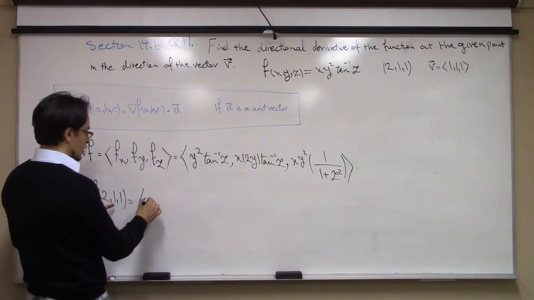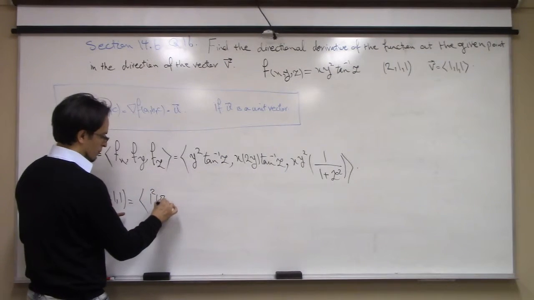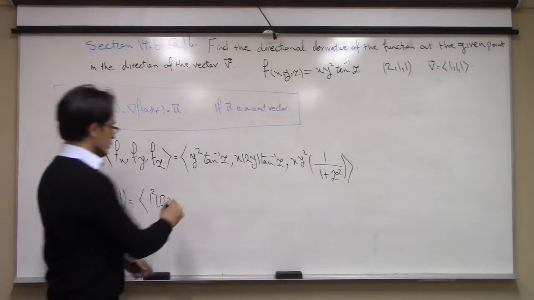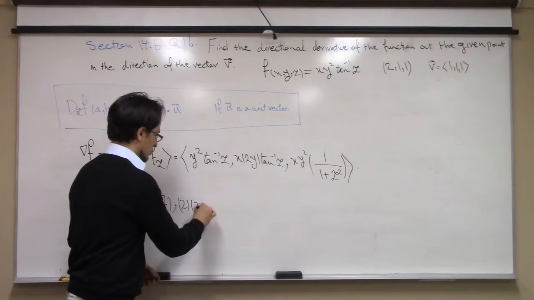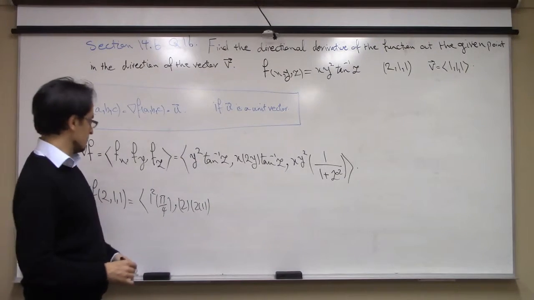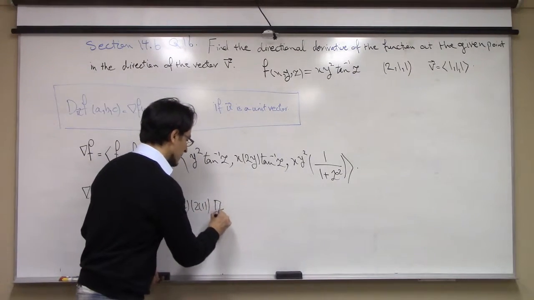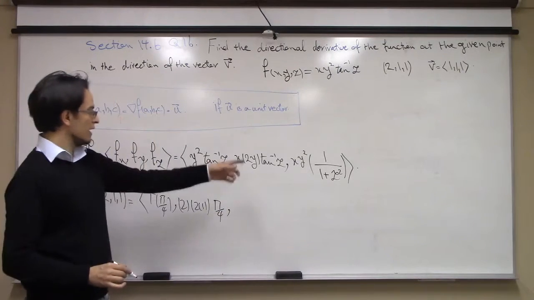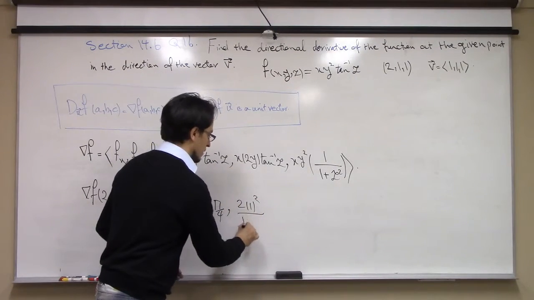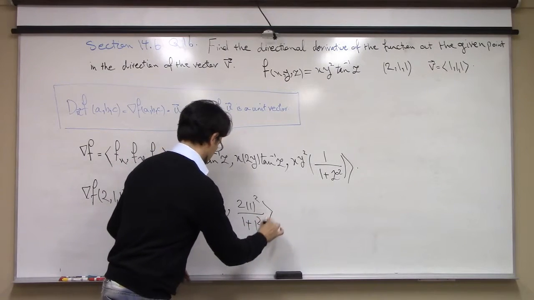So I have 1 squared times pi over 4. 2 times 1 times tan inverse of 1, which is pi over 4 again. And here I have 2 times 1 squared over 1 plus 1 squared.